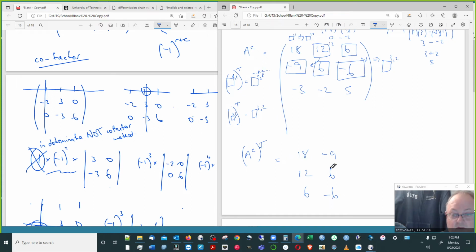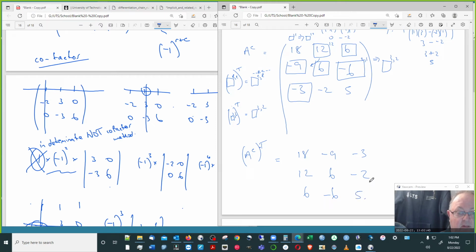Okay, so you just swap the address. So this one here is row, column, 3, 1, so it becomes 1, 3. This is 3, 2, so it becomes 2, 3. And this one here is 3, 3, so it stays.